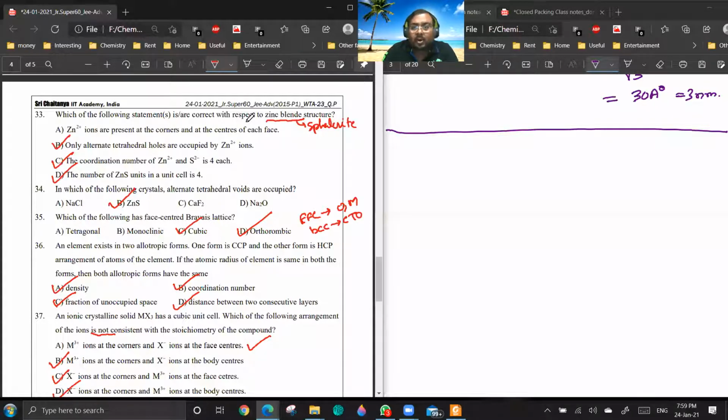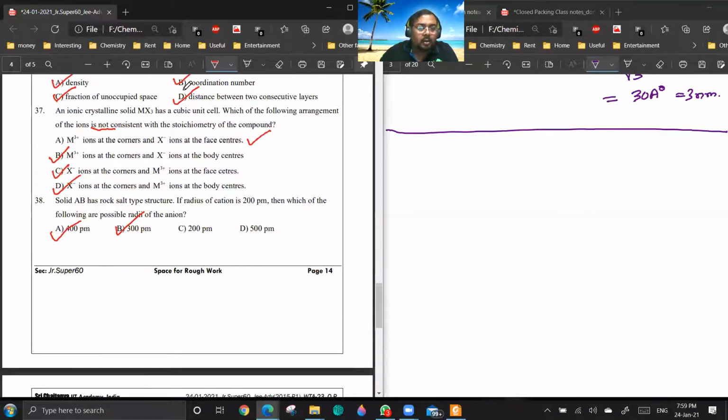For HCP also, the coordination number is 12 only, right? Yes. And the fraction of unoccupied space, or void fraction, will be the same. Distance between two consecutive layers will also be the same. Are you getting a point? Yes, sir. Okay. So 36 is done. 37, 38.